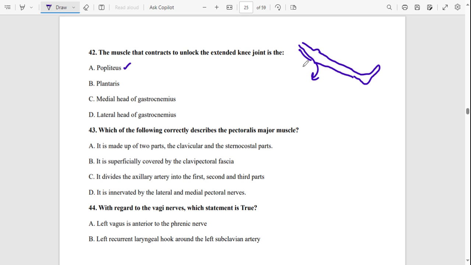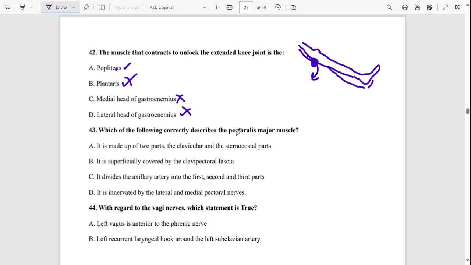Plantaris will not be involved in strong extension, it is weak, because it more comes from all this end like that, or from the plantar of the foot. So it's not plantaris. It's supposed to be popliteus, the one which reaches on the popliteal fossa here. The medial head of the gastrocnemius will be involved more in medial rotation, lateral in lateral rotation. So these two can't be. So the answer is the popliteus muscle.